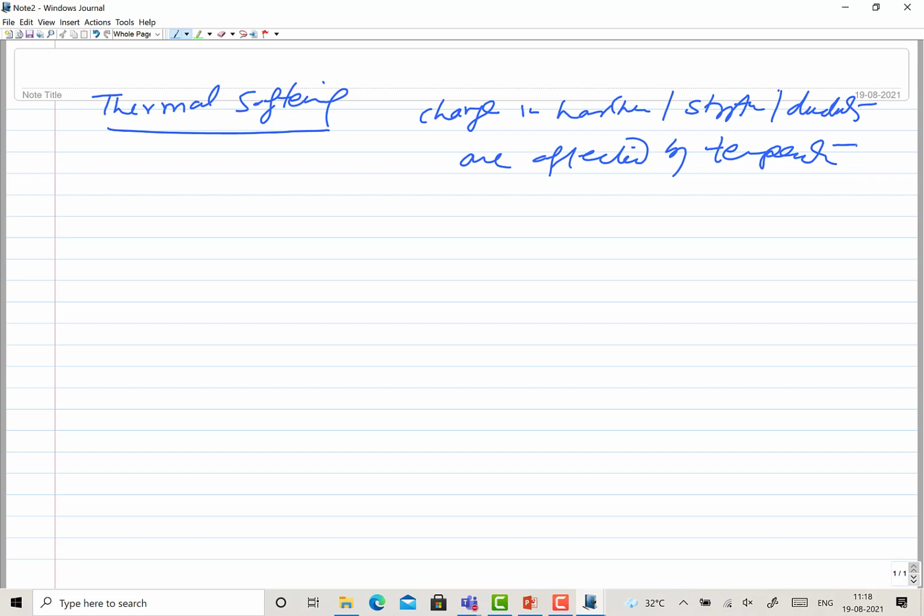We are talking about the higher side because the story on the lower side is completely different.